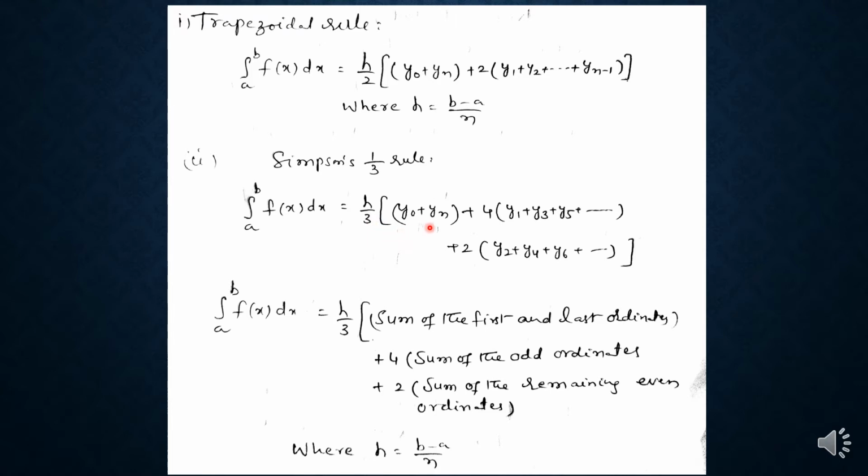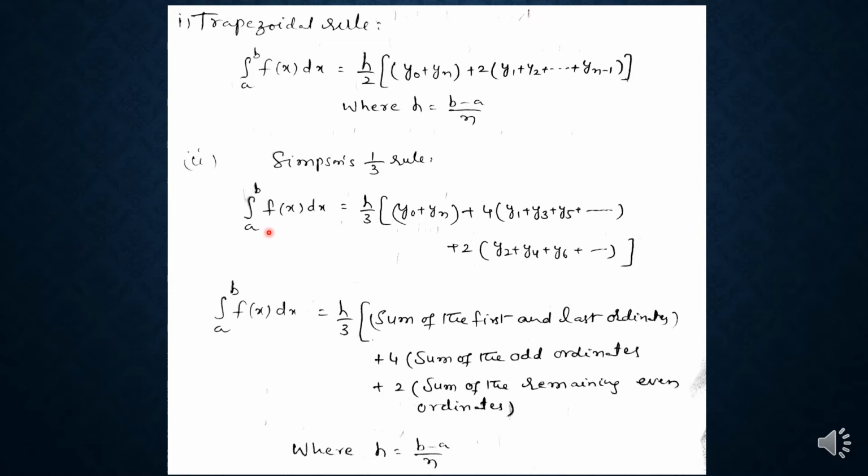into y0 plus yn, where y0 is the first ordinate and yn is the last ordinate, plus 4 into the sum of the odd ordinates y1 plus y3 plus y5 and so on, plus 2 into the sum of the remaining even ordinates y2 plus y4 plus y6 and so on.